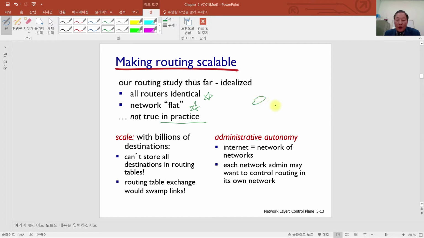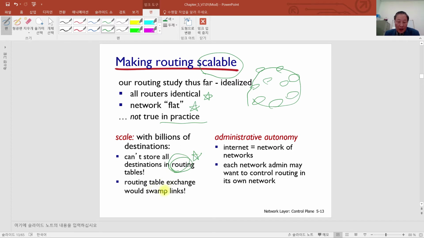The number of network nodes in the infrastructure has been growing so rapidly that it should be scalable. Thus we should consider the scalability of our routing algorithm. With billions of destinations, that information cannot be stored in routing tables.